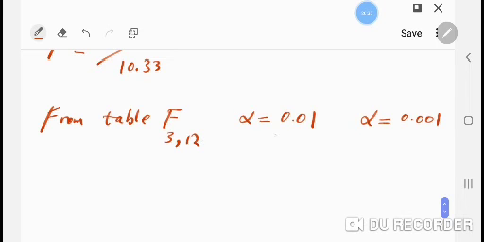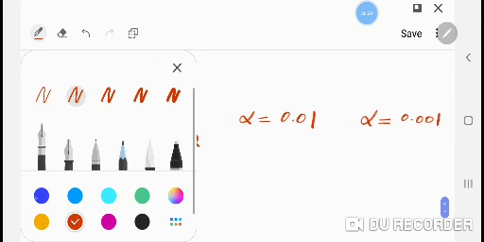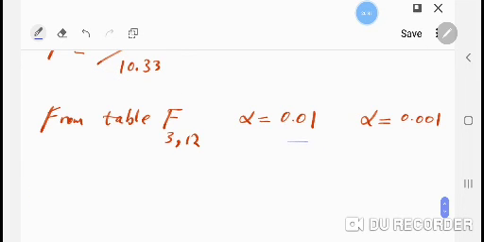The number of F from this table is 5.95, and for this confidence is 10.8.